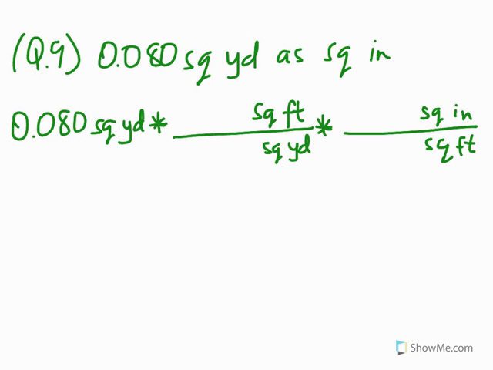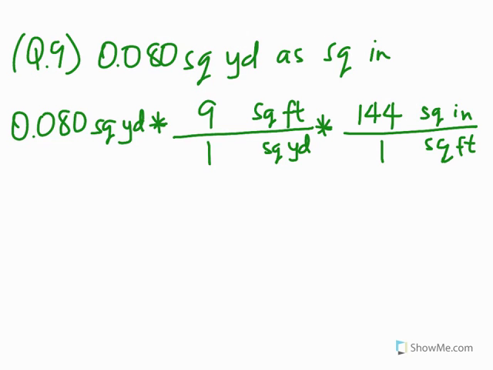So what is the relationship between square yards and square feet? We have that 1 square yard is 9 square feet. What is the relationship between square feet and square inches? We have that 1 square foot is 144 square inches.